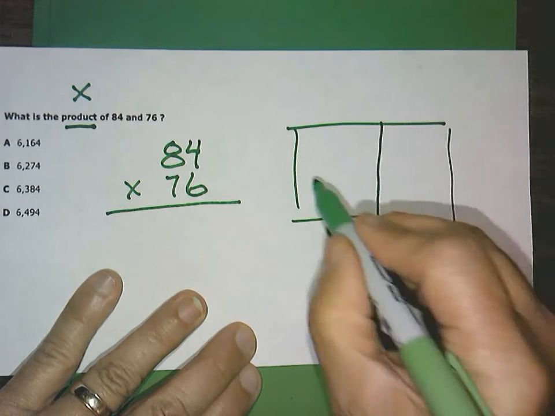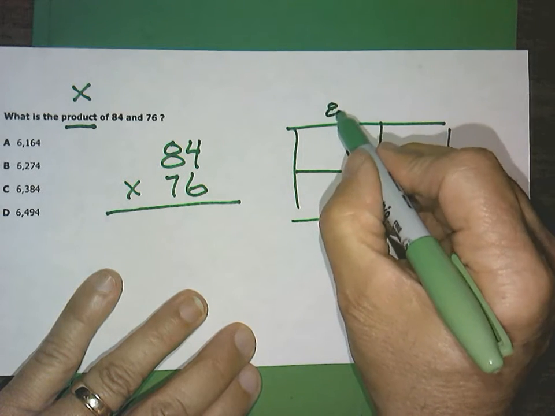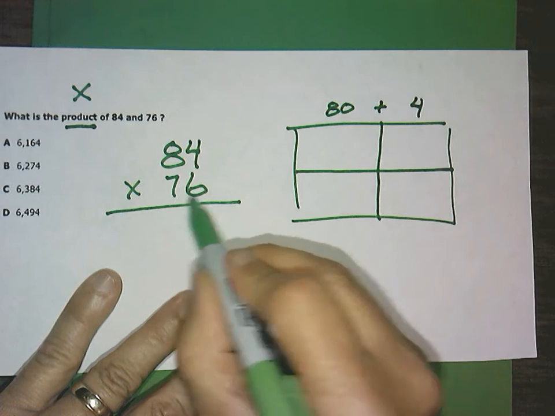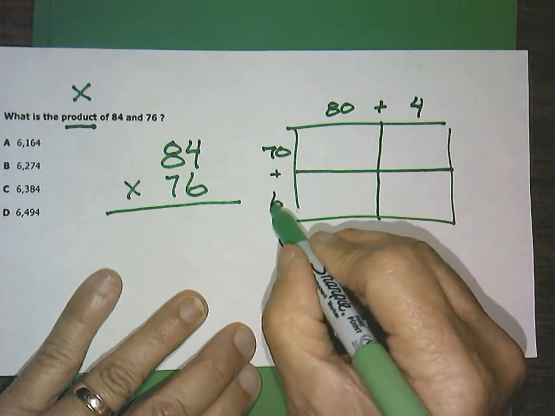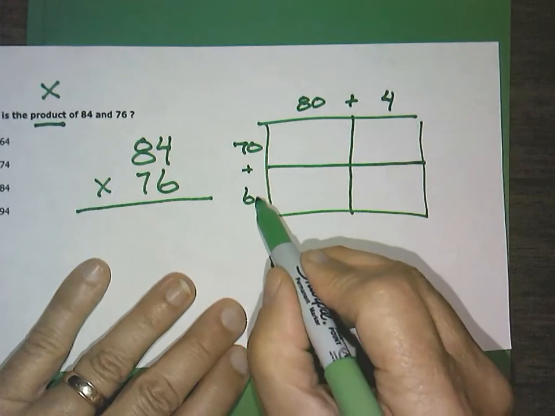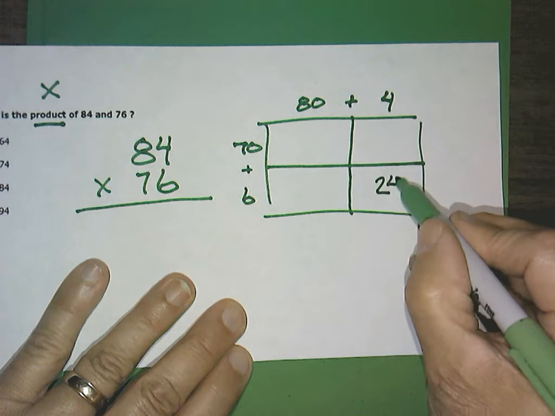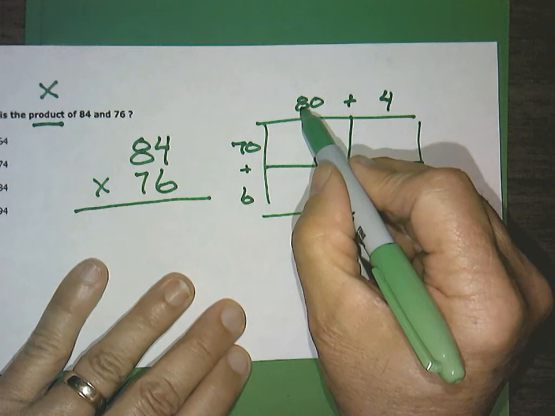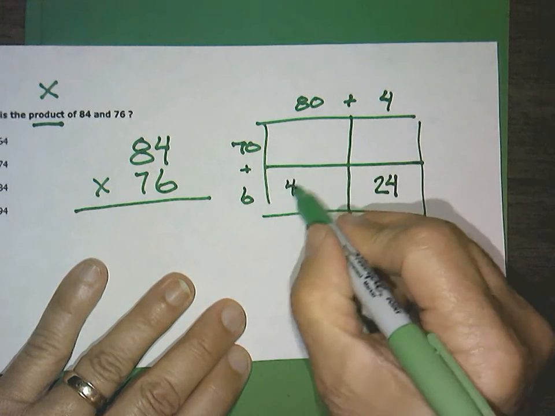just a nice way to organize it. 84 is really 80 plus 4. 76 is 70, or 7 tens, plus 6 ones. Now I multiply. 6 multiplied by 4 is 24. 6 times 80. Well, remember that 8 times 6 or 6 times 8 is 48.